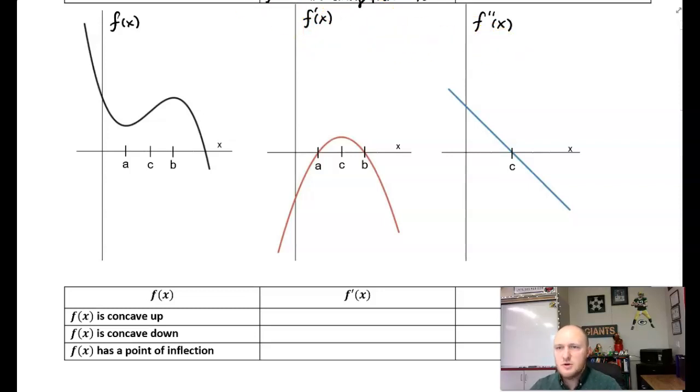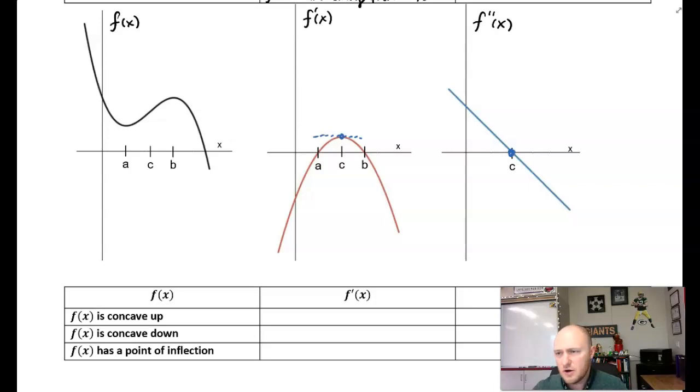Notice for f prime of x that we have a maximum here at c. So the slope of f prime here is 0, and notice that that is 0 for f double prime of x here.